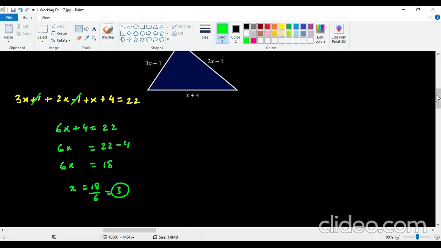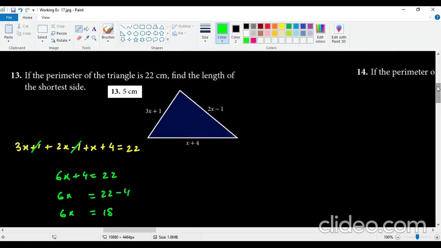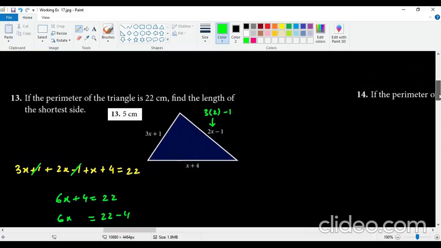That means if you test the value that we have, so this is going to be 3 times 2 minus 1. This is 3 plus 4, and this is 3 times 3 is 9 plus 1. So this is 9 plus 1 is 10.